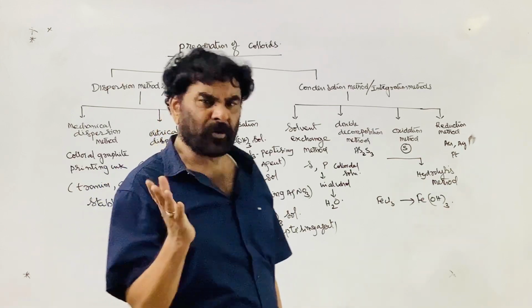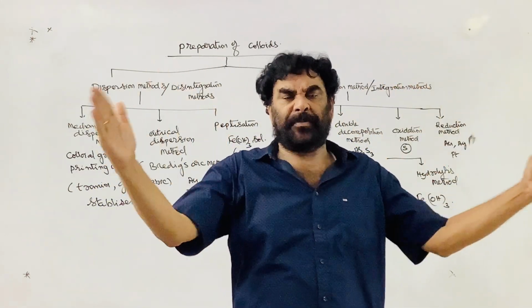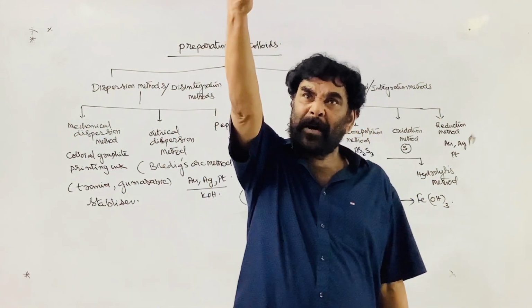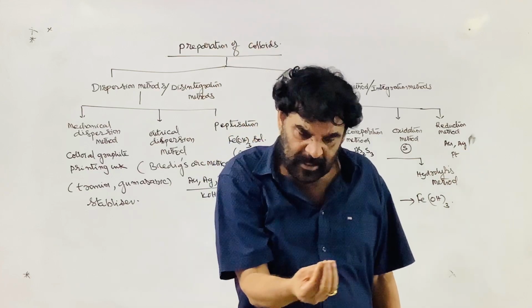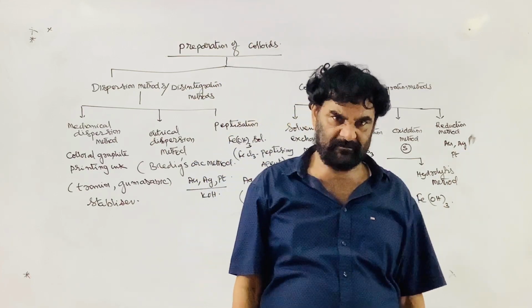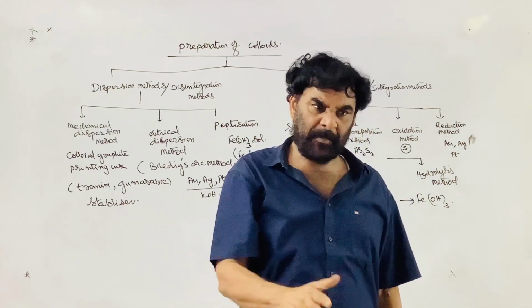There are mainly two types of procedures. In the first, the bigger particles are converted into particles of colloidal size. So we are breaking the bigger particles into colloidal particles.